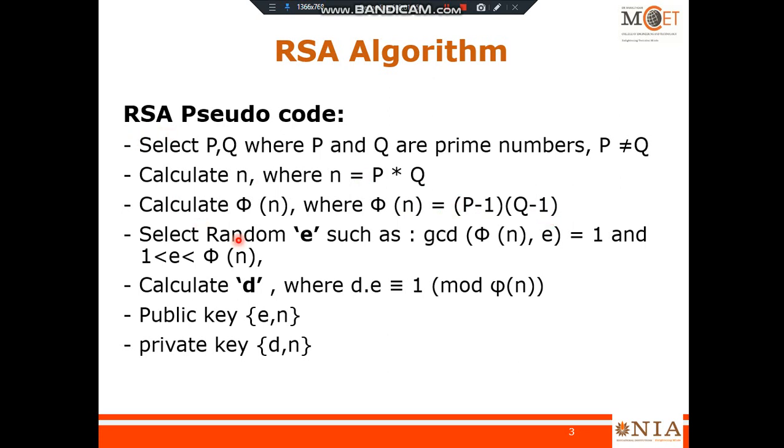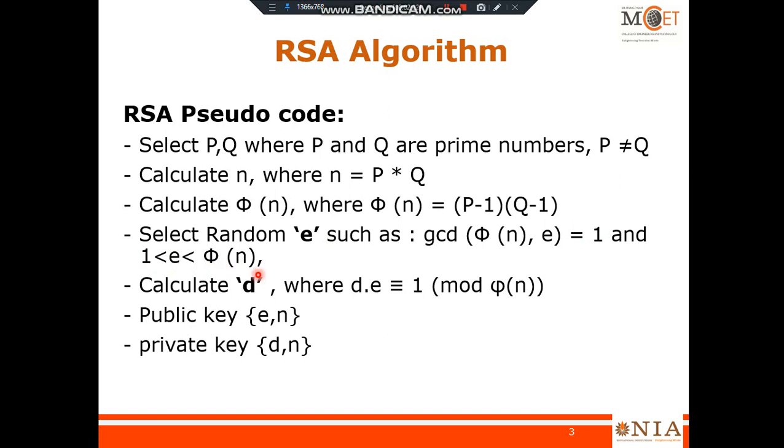Then you will select a random E value. The value of E should be such that the greatest common divisor of phi of n and E is equal to 1, and at the same time E should be between 1 and phi of n. It should be larger than 1 and less than phi of n.